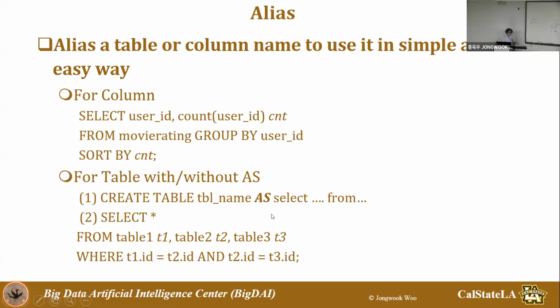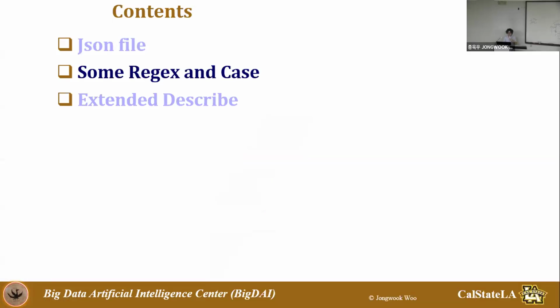Okay, so this is how you can use alias. Again, you can insert AS, or you can omit it. It works well no matter what you do. Any question? So this is what you've been using.